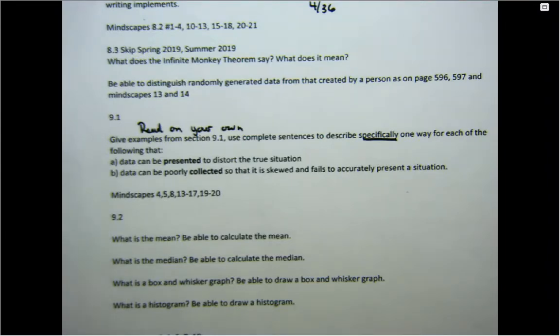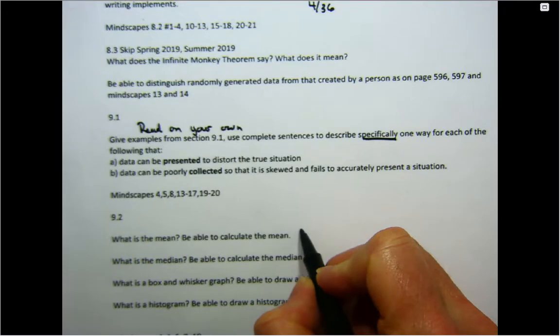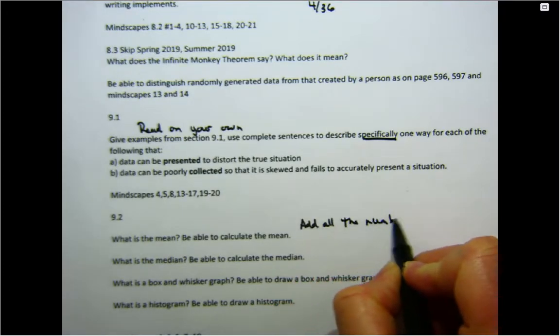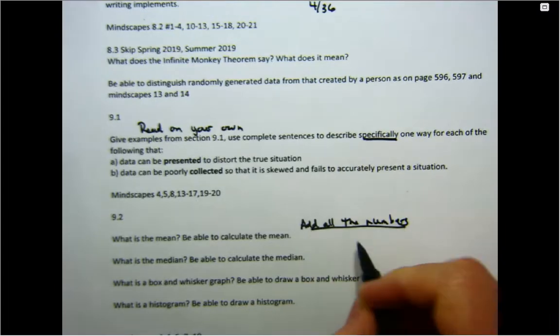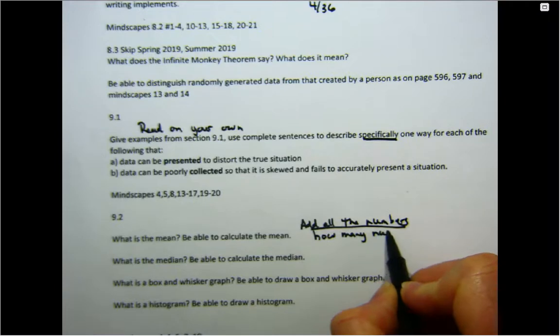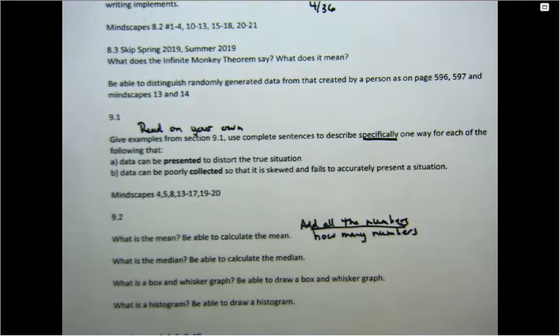Who had 9.2? Okay, can you tell me the definition of what the mean is? So you add up all the numbers and divide by how many there are. Good. Add all the numbers and divide by how many there are. And how about the median?